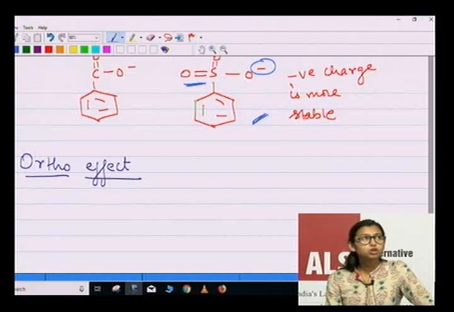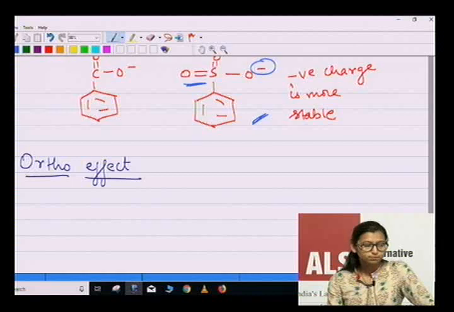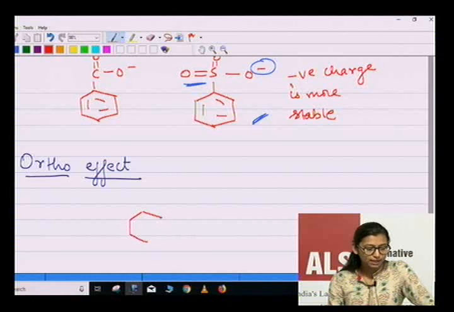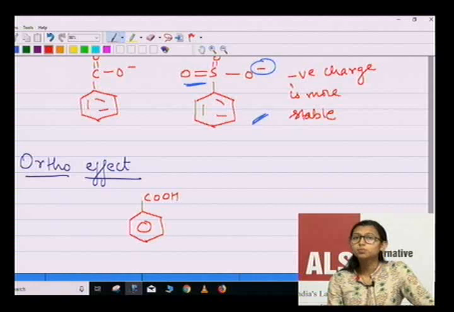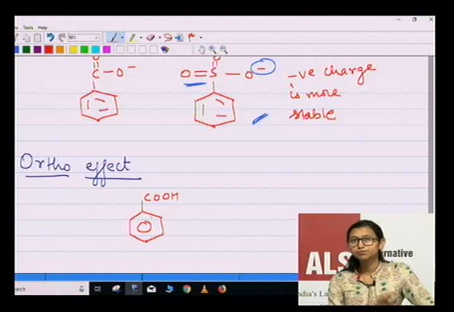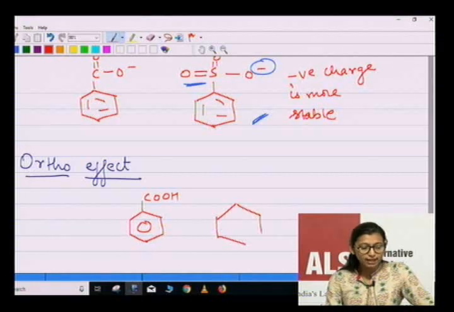Now what the ortho effect says is that whenever you are comparing a benzoic acid, and this is observed mostly in benzoic acids and sulfonic acids, let me tell you. So if I have this type of question, I am comparing the acidic strength with any ortho substituted benzoic acid.